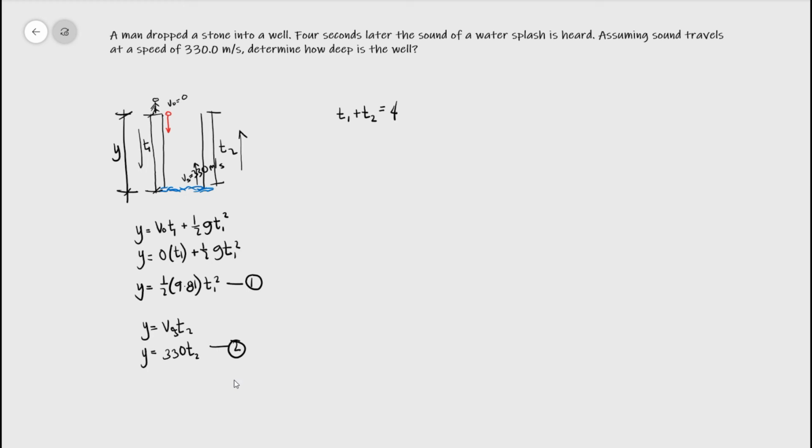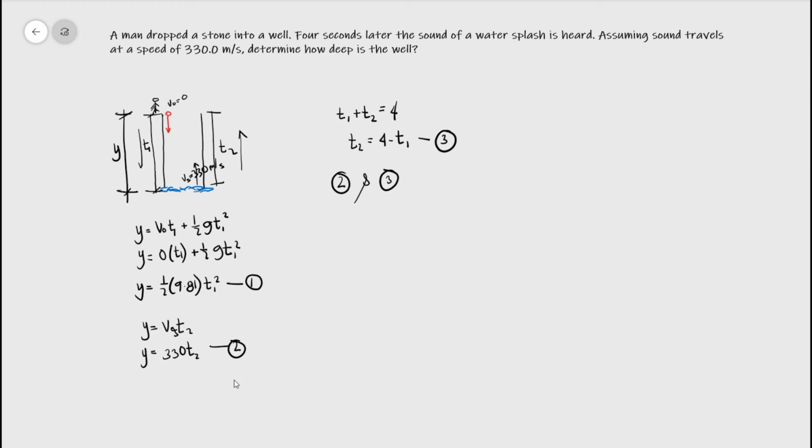Now let's say here, getting our third equation, we have t sub 2 is equal to 4 minus t sub 1. Say this will be our third equation. Let's use our equation 2 and 3.